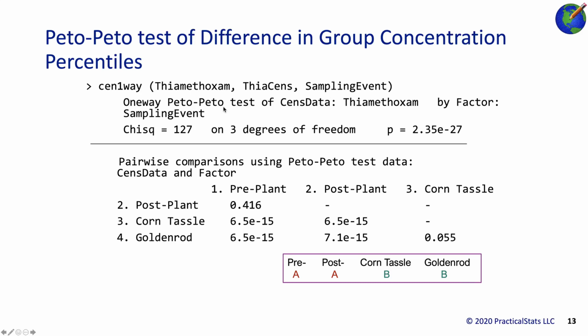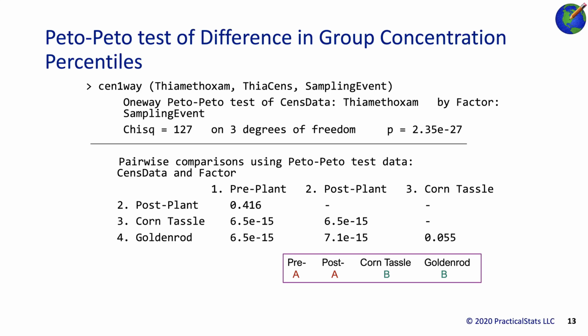So it does this test without substituting any numbers, and it can work fine. Everything I'm telling you today works fine with multiple detection limits. It gives you back a chi-squared statistic and a p-value if you're familiar with p-values. A high p-value says no signal, a low p-value, which this is, an extremely low p-value, says there is a signal. The signal here is that the groups differ.